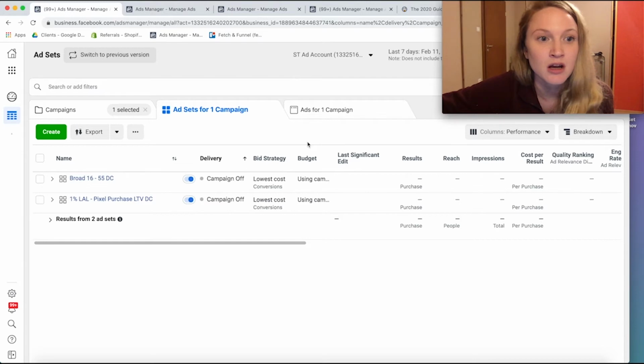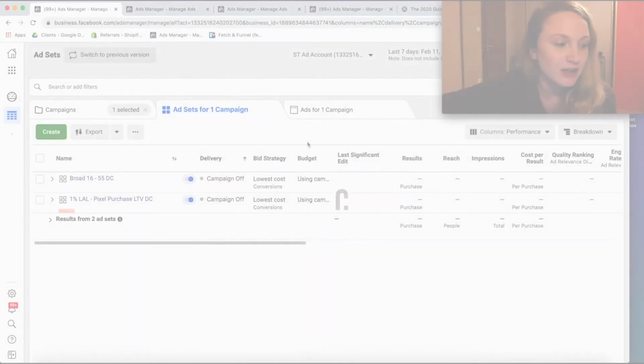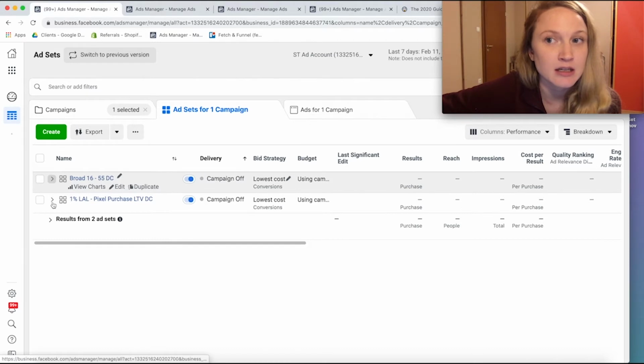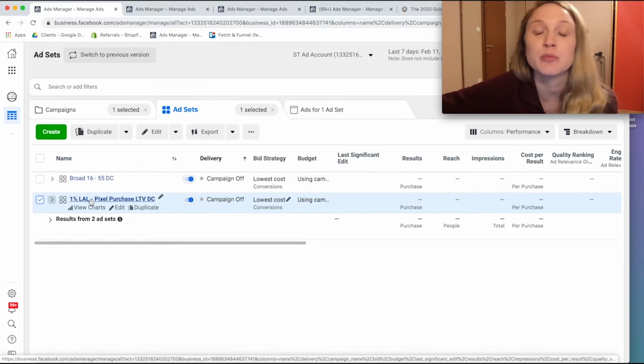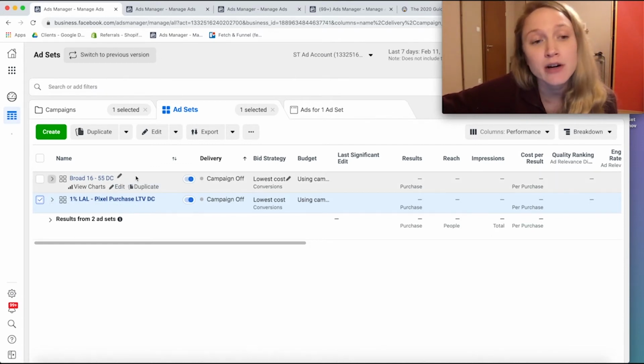So this first strategy is actually the Facebook recommended strategy. And essentially what we're doing here, it's really easy, is we are duplicating the number 1 best performing ad set or audience that you have, putting it into a CBO campaign, and then pairing it with a broad audience.